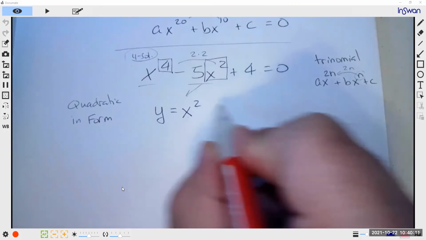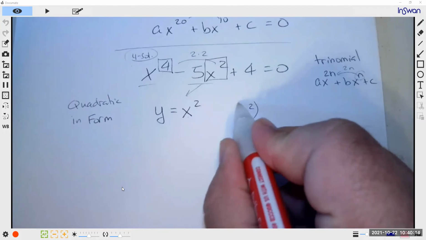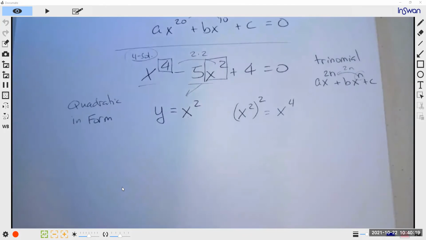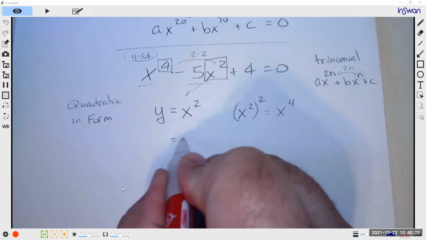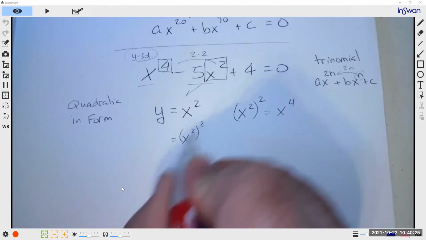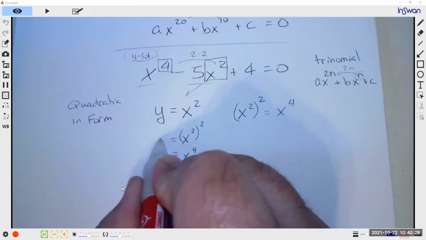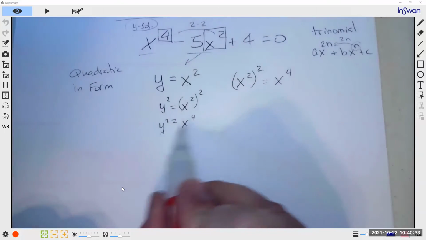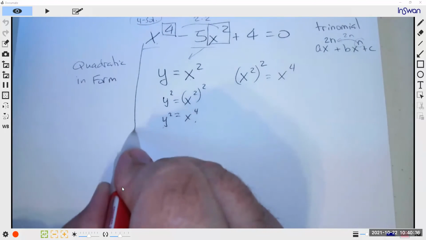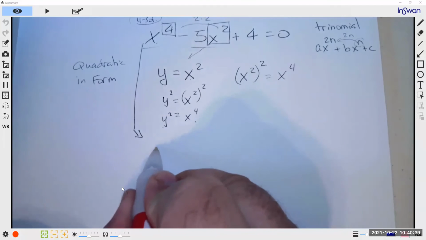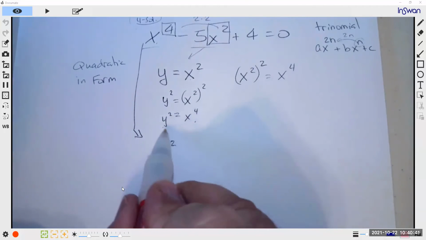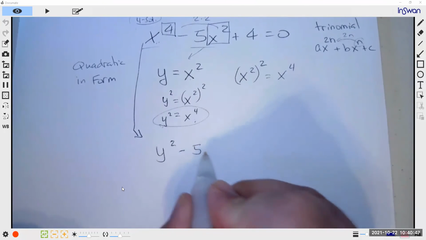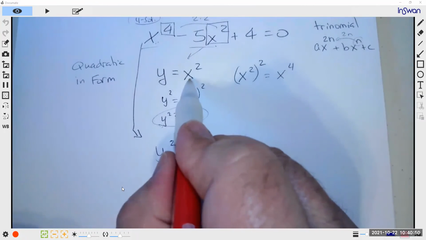If x to the 4th is x squared squared, it means I have to square y. So y squared is the same thing as x to the 4th. So this equation looks like y squared, because y squared is actually x to the 4th. I'm just changing the way it looks. What is x squared? X squared is y.